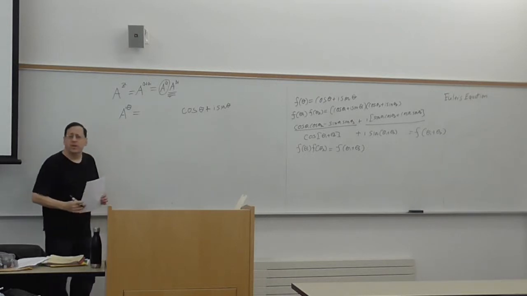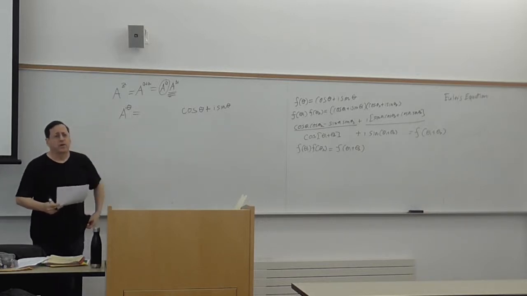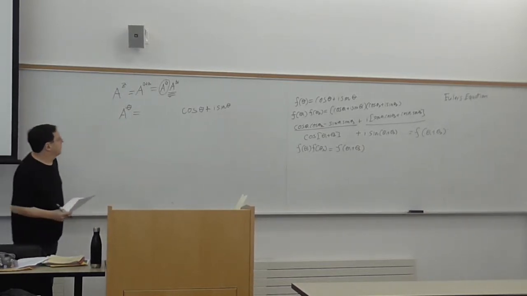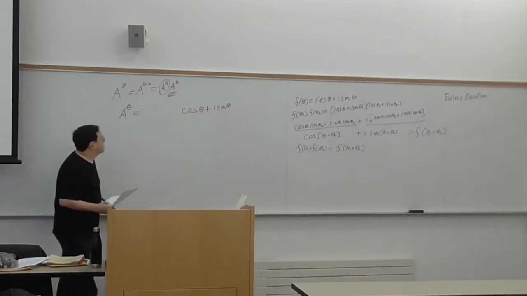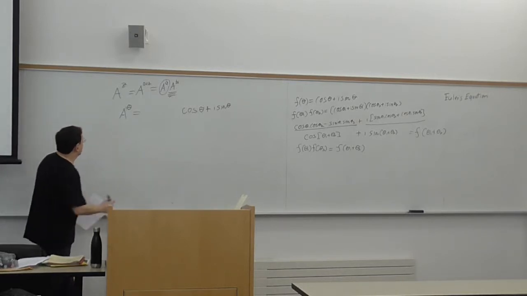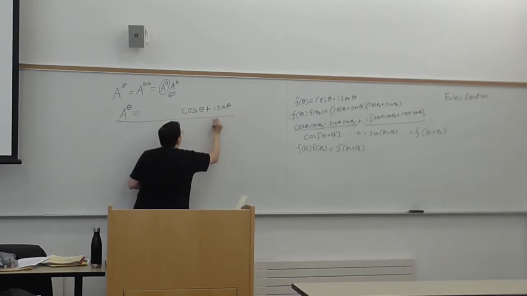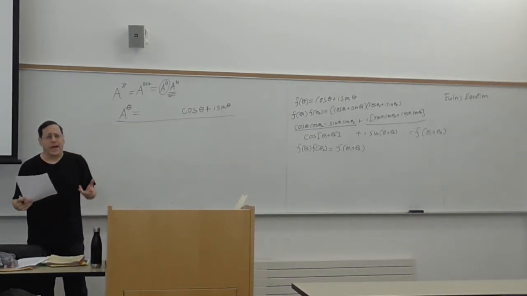If only I can find the value of A, right? A is some number. Then this will work. Well, this is where I run out of road here. In order to show what A is, we need a little more math than we have.